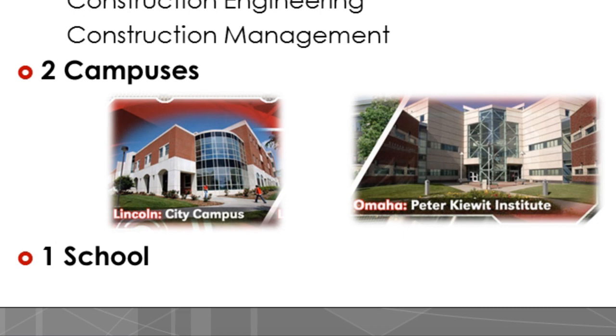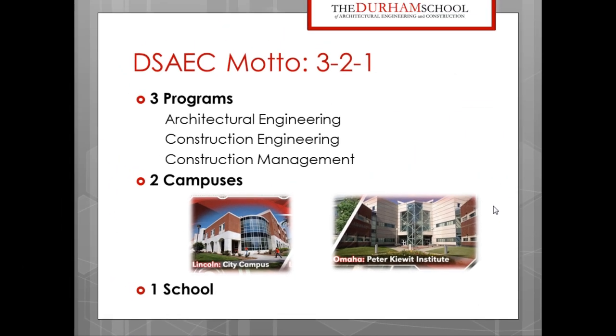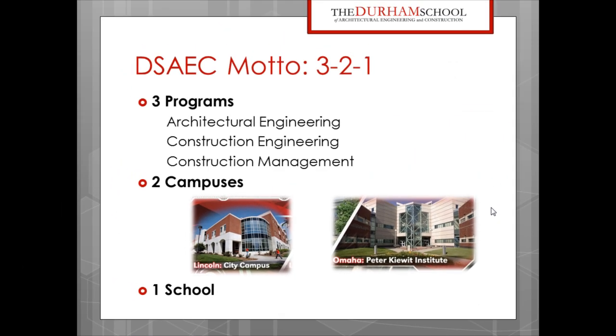Construction engineering and construction management are offered both on the Lincoln campus and on the Omaha campus. On the Lincoln campus, we're located at Nebraska Hall, or the Othmer building, and on the Omaha campus, we're located at the Peter Kiewit Institute. Architectural engineering is only offered in Omaha.